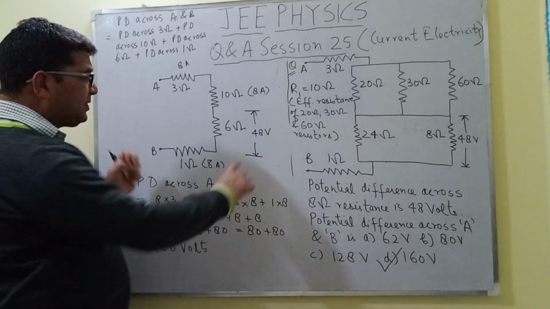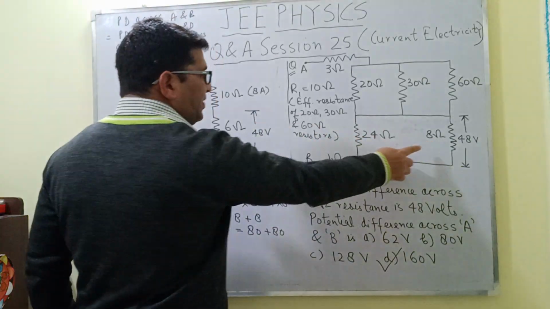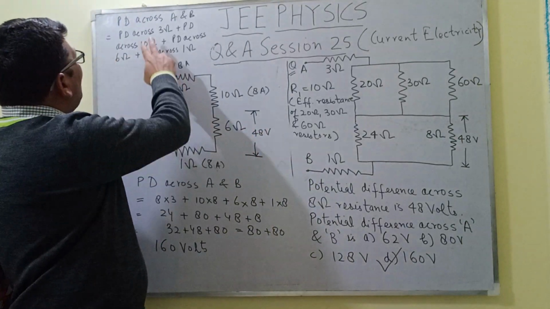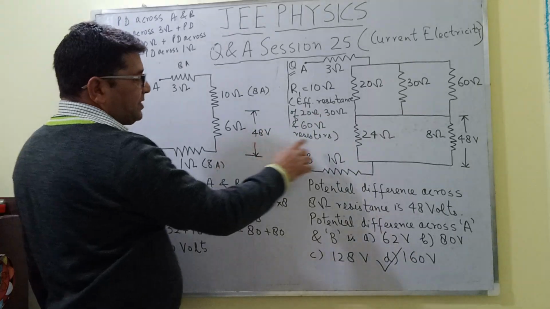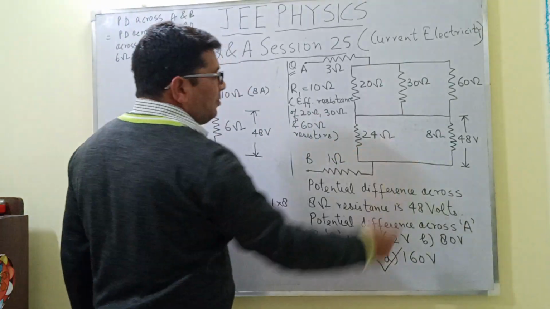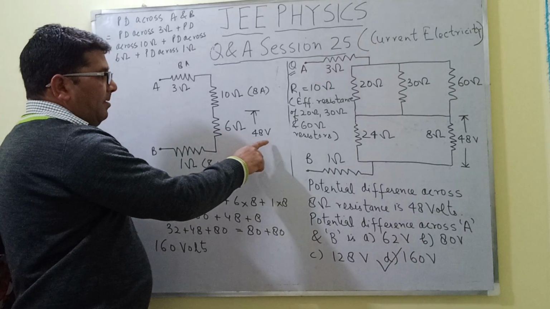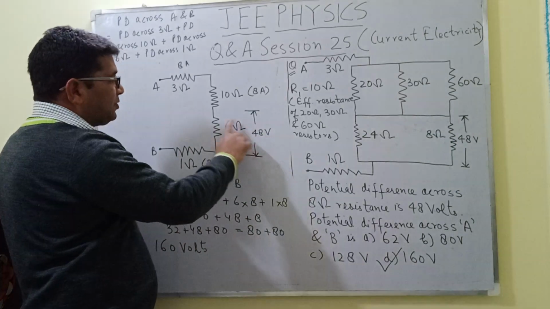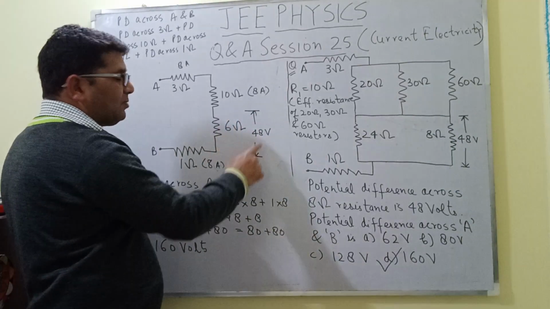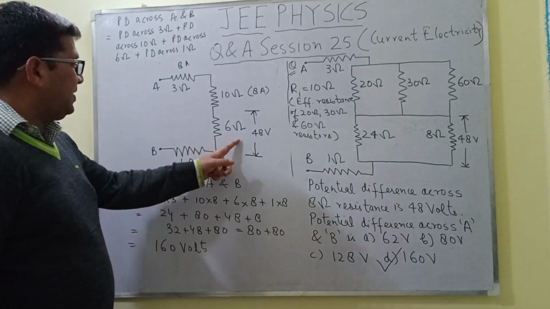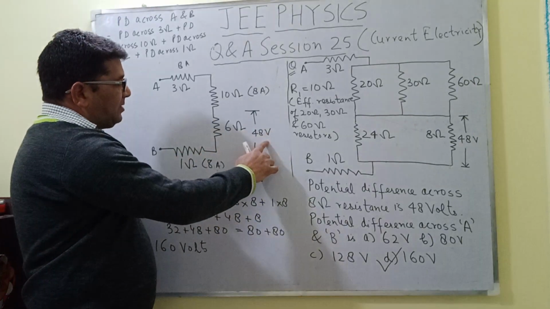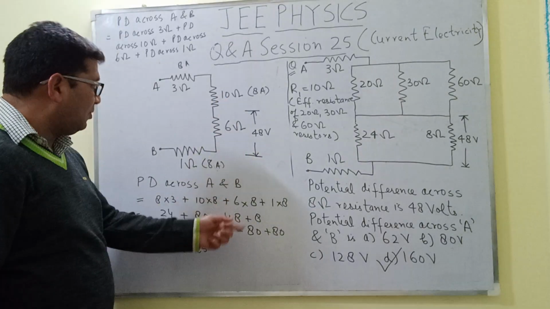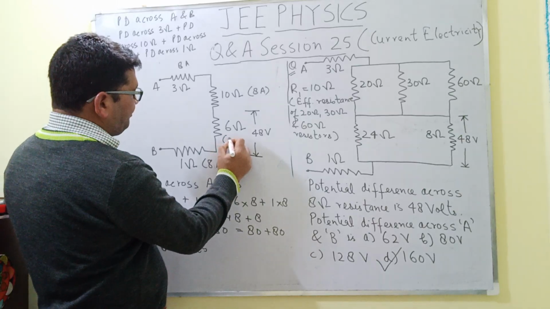And since the potential difference across this 8 ohm resistor was 48 volt, therefore the potential difference across the equivalent or the effective resistance of this 24 ohm and this 8 ohm resistor will also be equal to 48 volts. So the potential difference across this 6 ohm resistor is 48 volt, therefore the current which is flowing through this circuit is equal to 8 ampere.